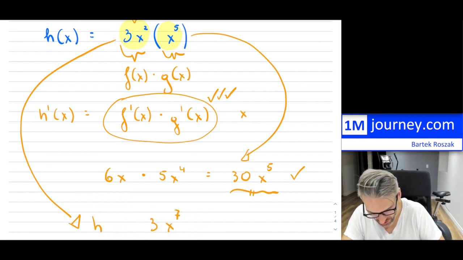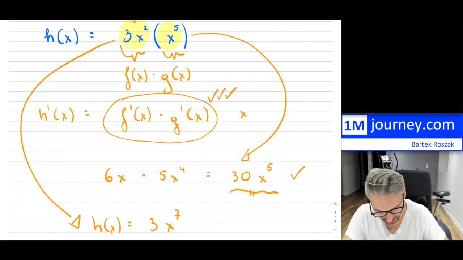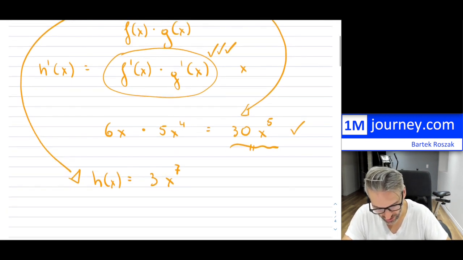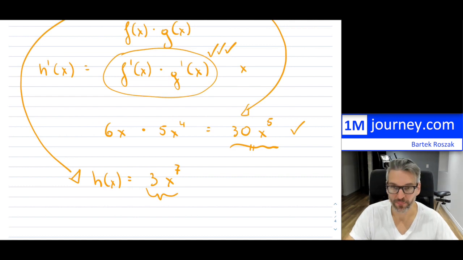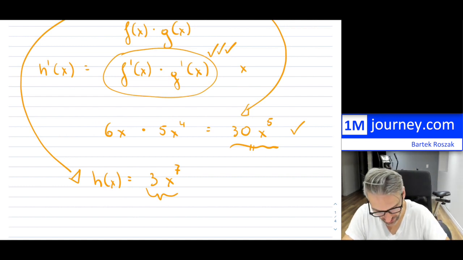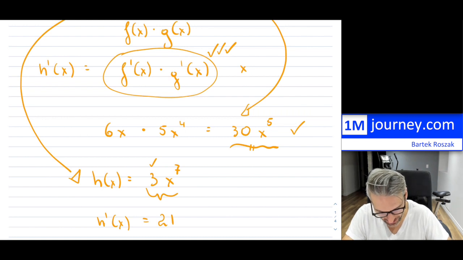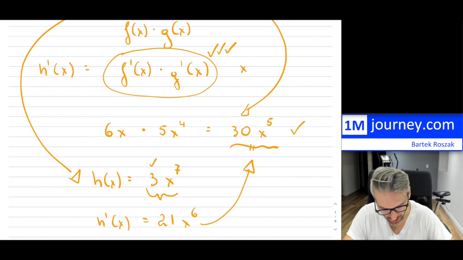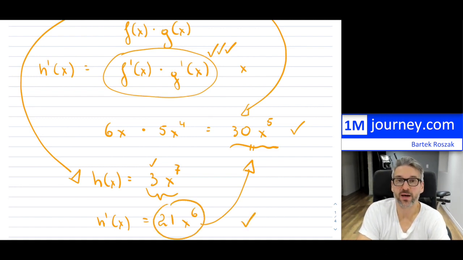So h(x) is equal to this. And because this is just a power function with a constant in front, the derivative is 3 times 7, which is 21, and then x to the 6, which clearly is not equal to the other result. But this indeed is our derivative by simply using the power rule.